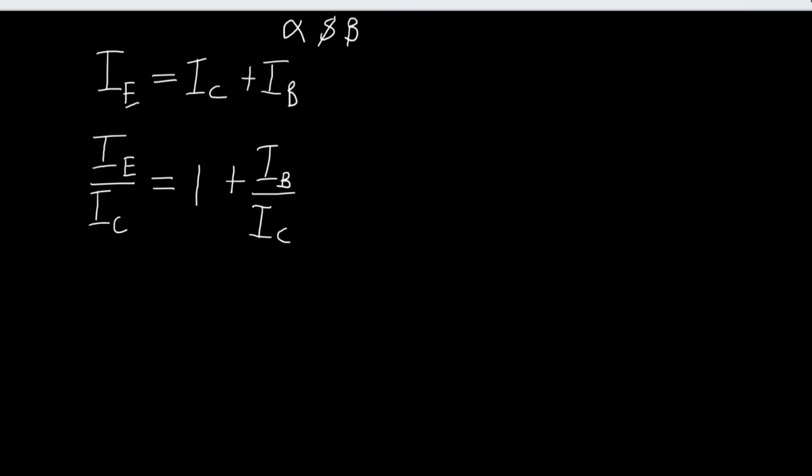Okay. Now, this expression, if we can recall, our IC over IE was alpha, and our IC over IB was beta. But looking at our equation, they are upside down.